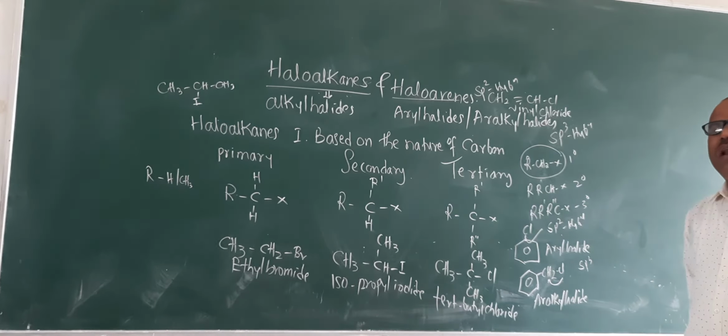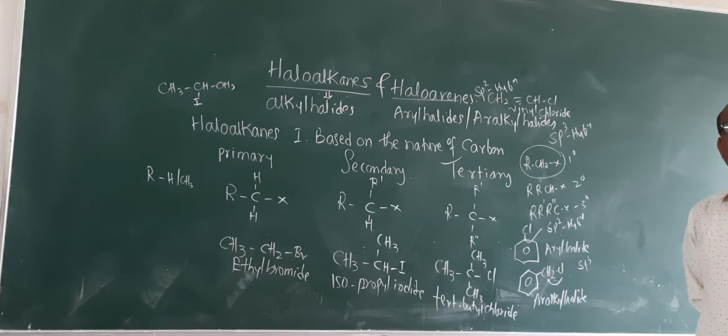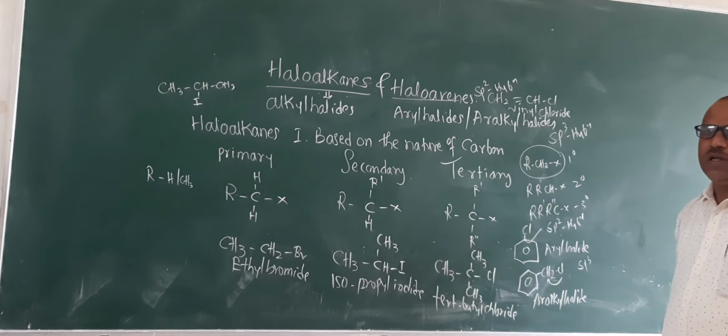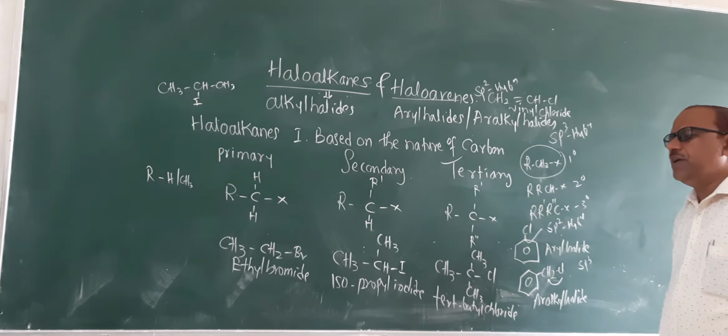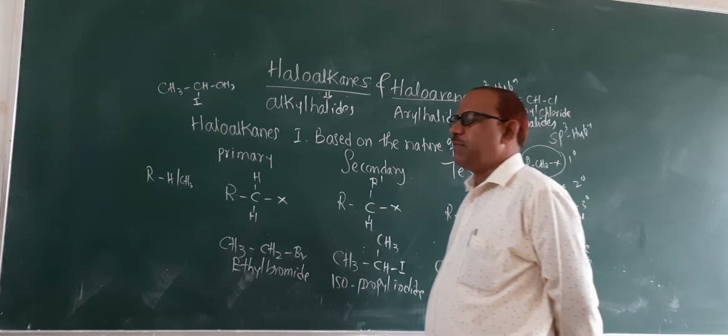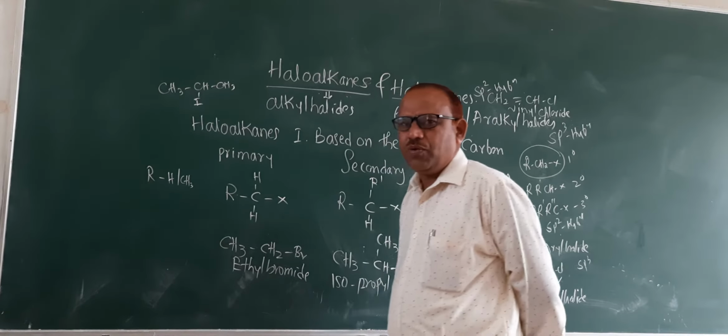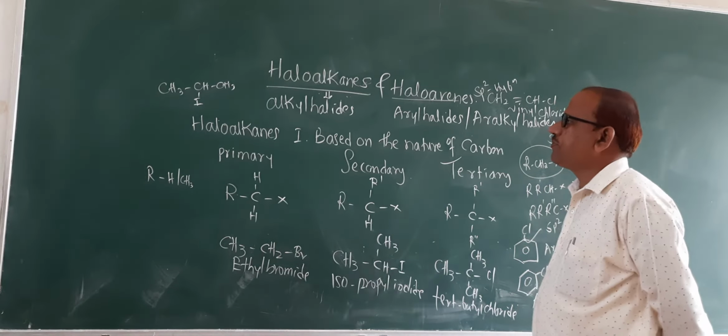They will have the general formula CnH2n+1X, where n indicates the number of carbon atoms and X indicates any one of the halogens.